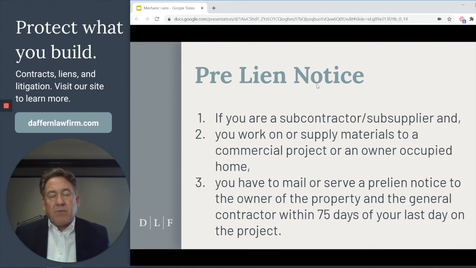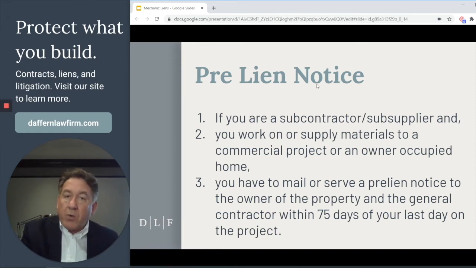Now, you may ask yourself, why is an owner-occupied home one of the conditions that you send a pre-lien notice? Well, again, remember the intent of the statute is to give the owner notice of who's working on his or her job. If it's a commercial project, they're usually big enough where you need to send out the notice and let the owner know who's working on it.